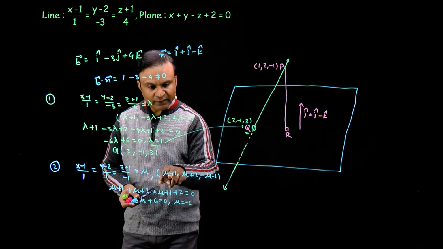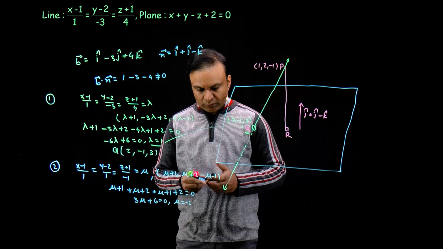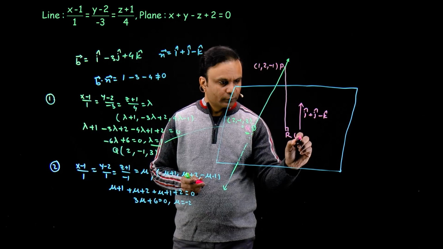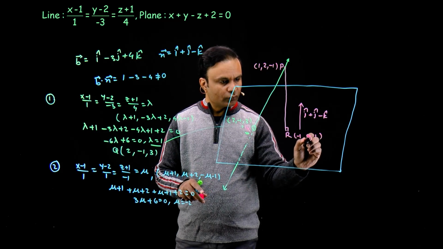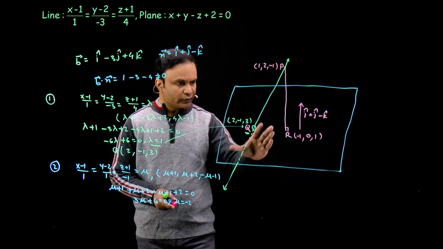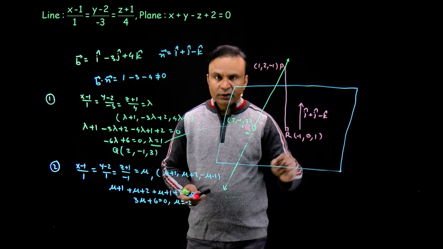Putting mu is equal to minus 2 in this, we get coordinates of point R. The coordinates are minus 1, comma 0, comma 1. So these are coordinates of point R. So we got foot of perpendicular from point P on the plane.